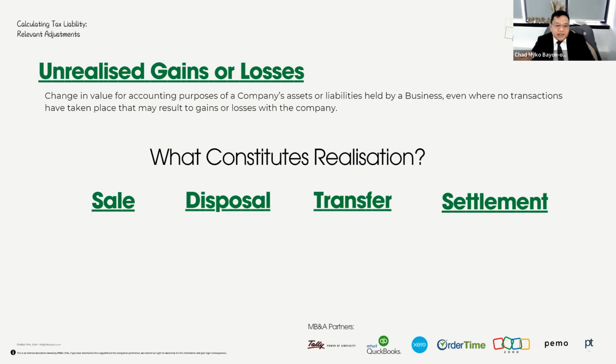When you choose realization basis, this 5 million will be adjusted from your accounting income. Since it was added in your accounting income, it will be deducted, because it has not been realized yet. But once it is realized, it will be added back. Okay? So that's the concept of unrealized gains and losses, meaning it has been sold, disposed, or transferred and settled.